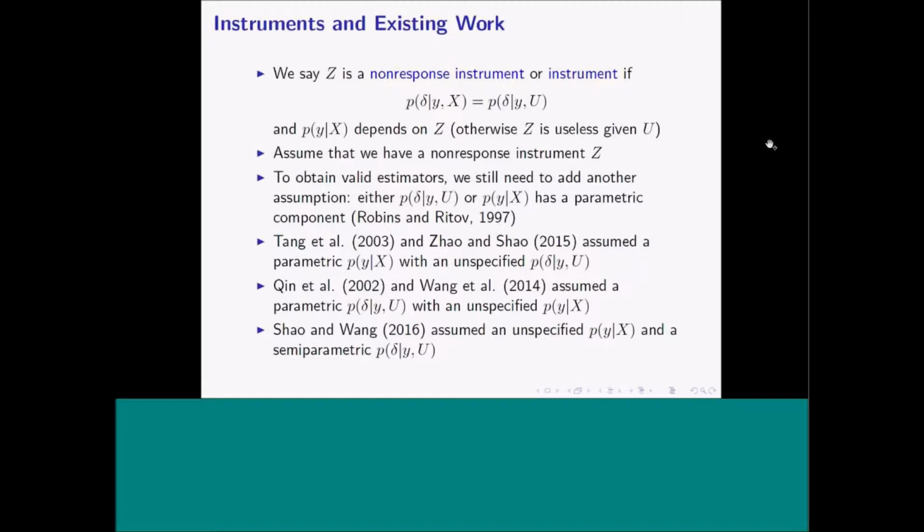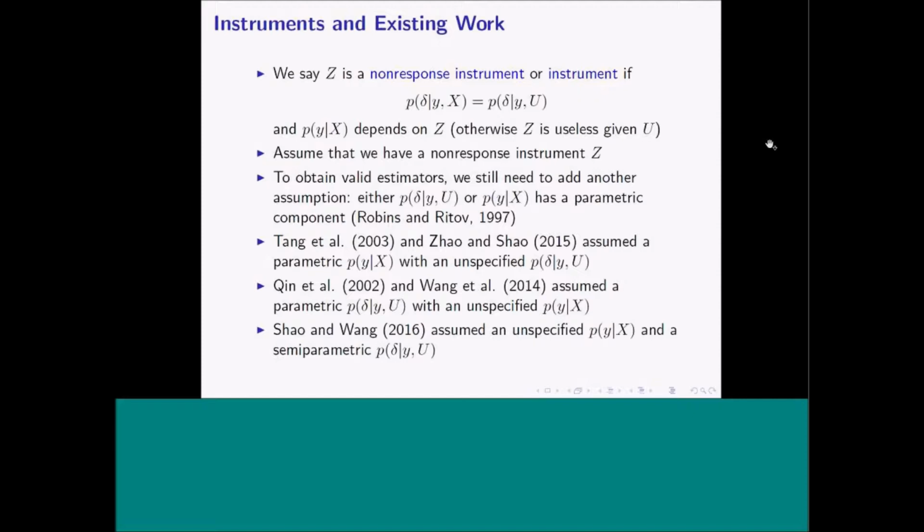Okay, so this is the definition of an instrument. An instrument can not only be excluded from the propensity, but is also a useful predictor of Y. In the first kind of work related to this idea, we assume that an instrument is given.